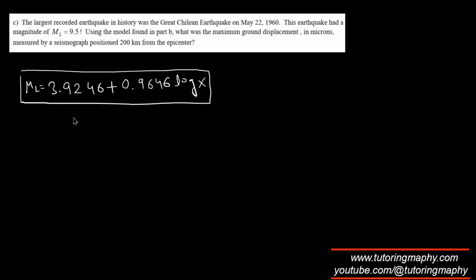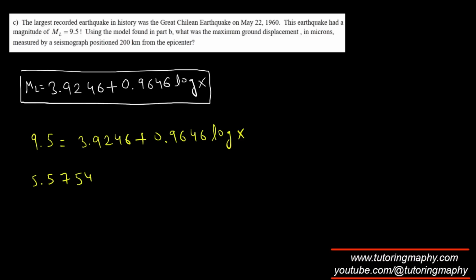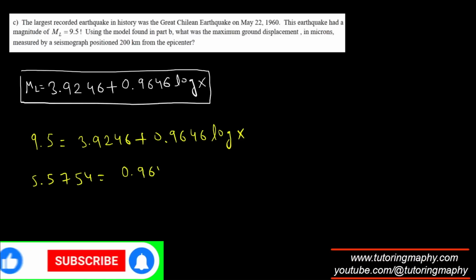In the last part, they are asking that if the value of ML is 9.5, then what is the value of x as in the ground displacement? Let's replace ML with 9.5. So 9.5 will be equal to 3.9246 plus 0.9646 log of x. Subtract this number from both sides, we get 5.5754 is equal to 0.9646 log of x.